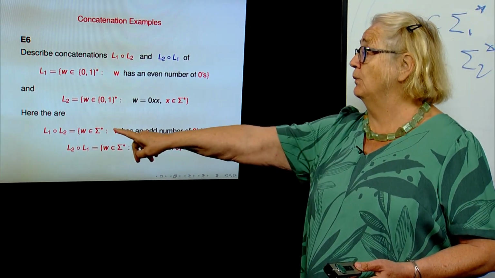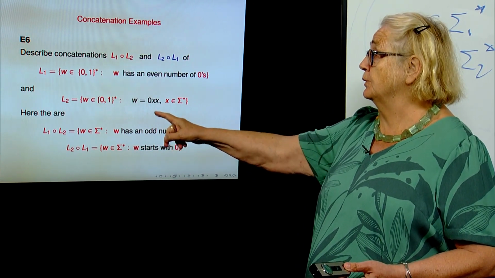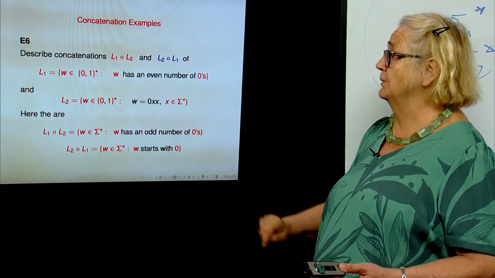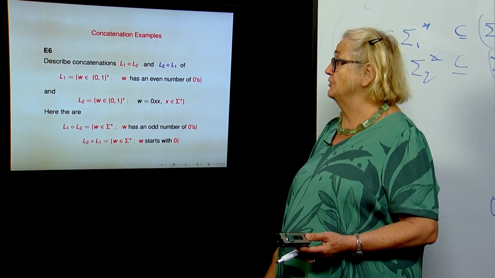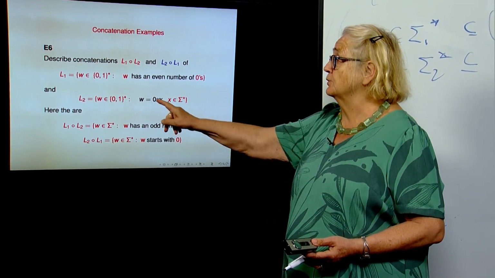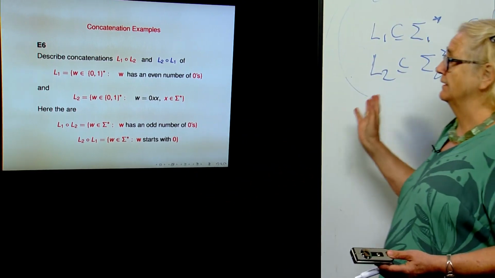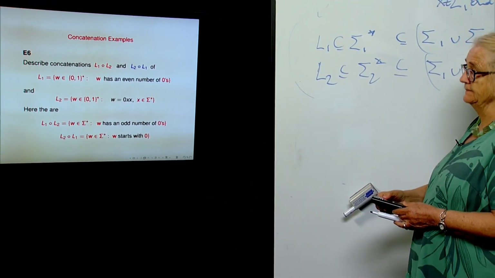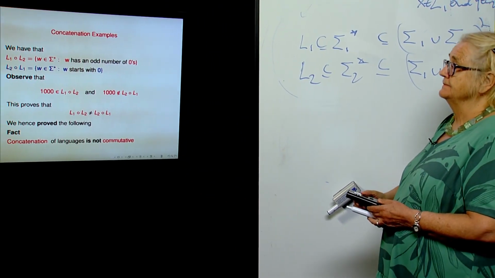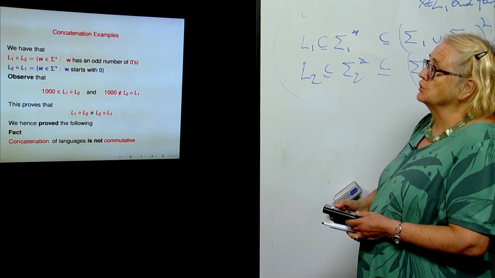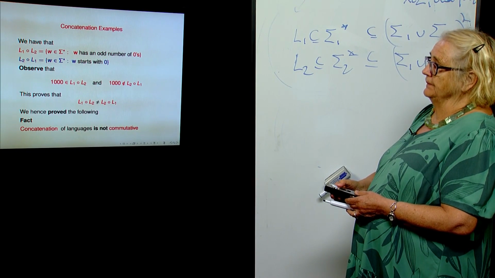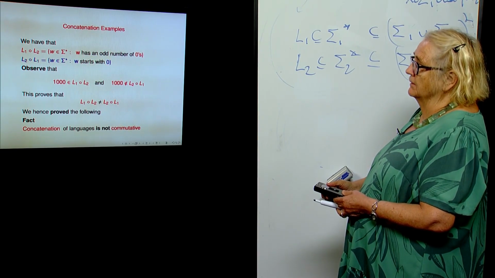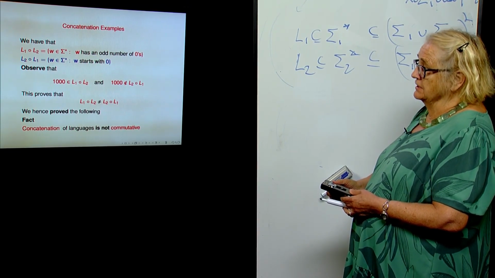And when you take L1 L2, what you get is an odd number of zeros, and W would start with 0, and then you have all elements of sigma star. And of course, concatenation is not commutative.